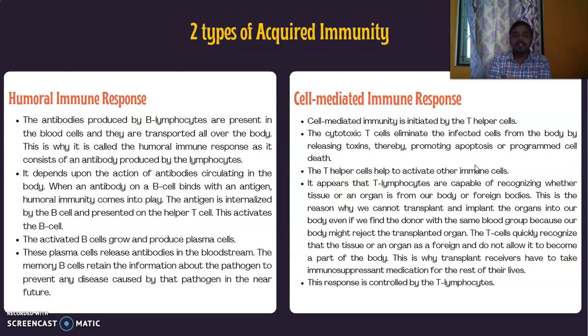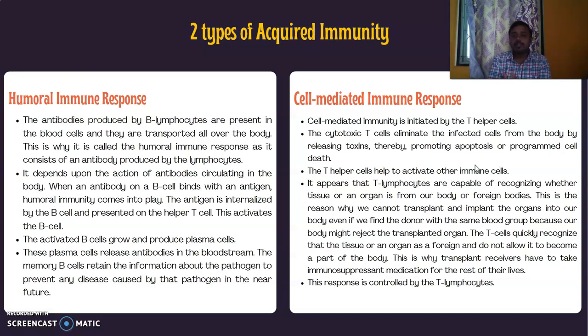We already heard about the antigen presenting cell. Whenever an antigen presenting cell presents the antigen to the T cell, the T cell can go to any path. For example, the T cell can convert into a T helper cell, or it can convert into a cytotoxic T cell, where it is going to be the cell mediated immune response.